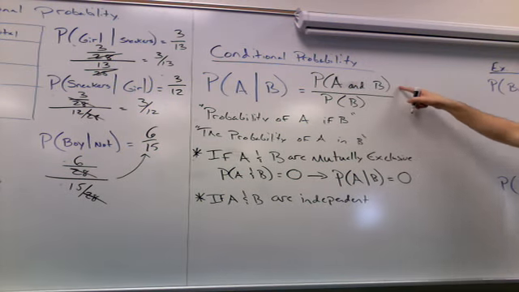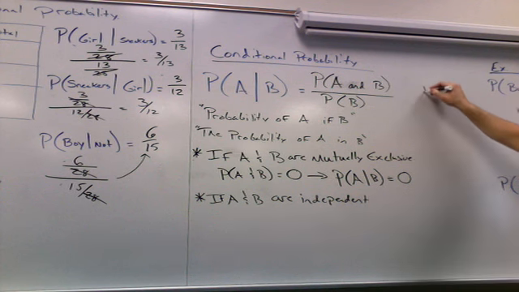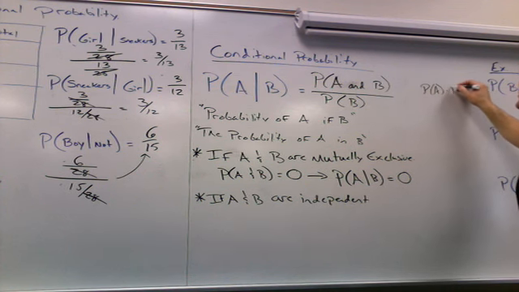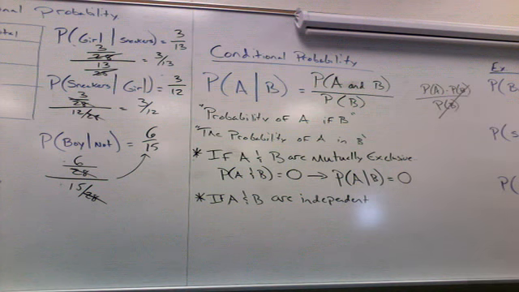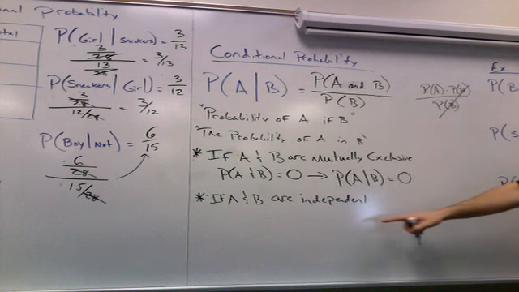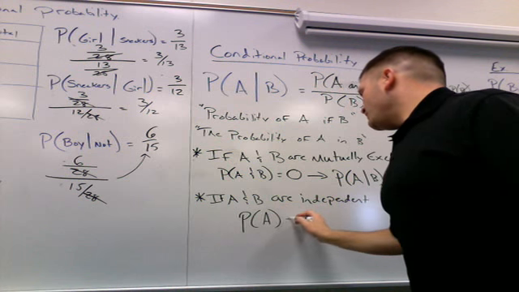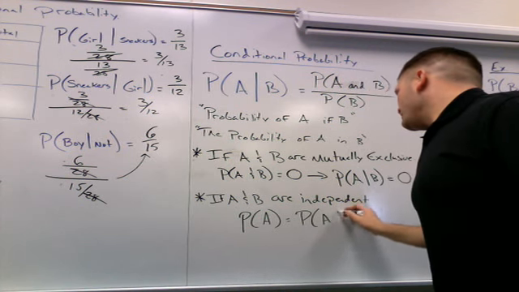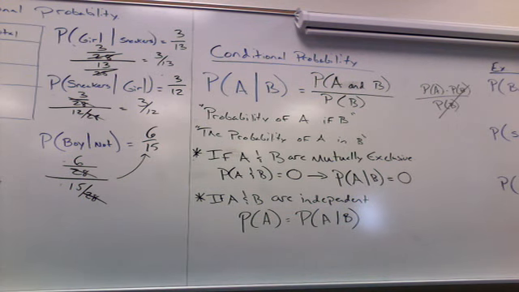If A and B are independent, then this can be written as P of A times P of B. And if I have a P of B on top and a P of B on bottom, they cancel out. So then what does this equal? Just P of A. So if A and B are independent, then P of A equals P of A if B. You're hitting us with a lot of A's and B's. I know.